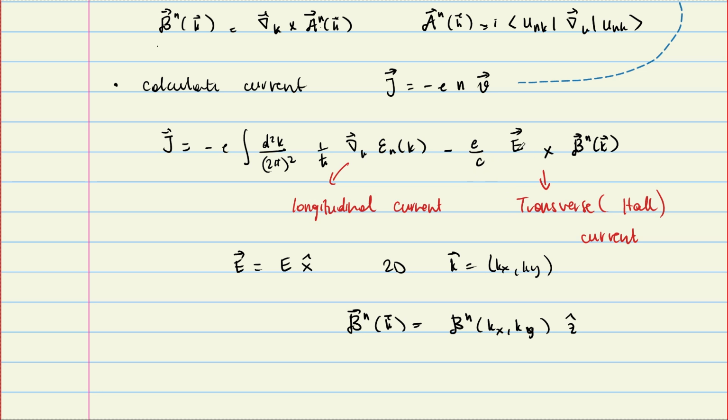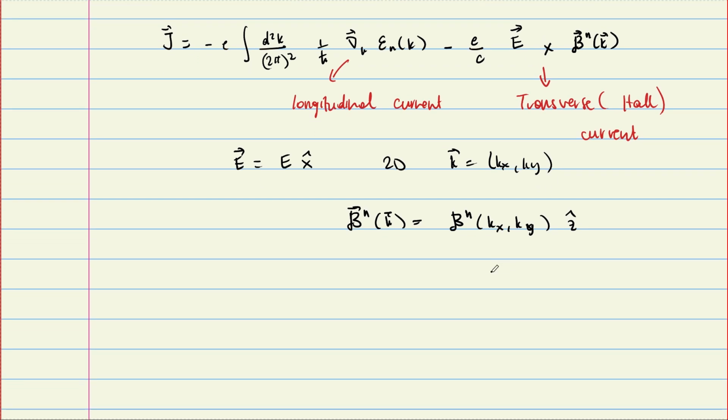So something along the x direction crossed with something along the z direction is going to be something along the y direction, and that's the contribution we are trying to calculate.